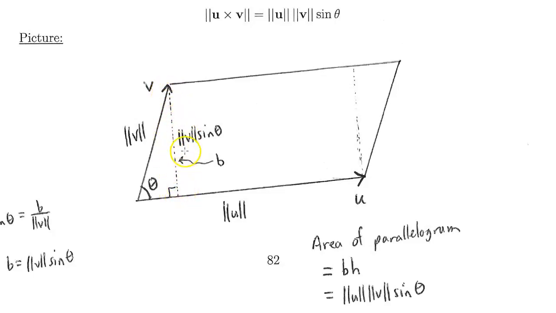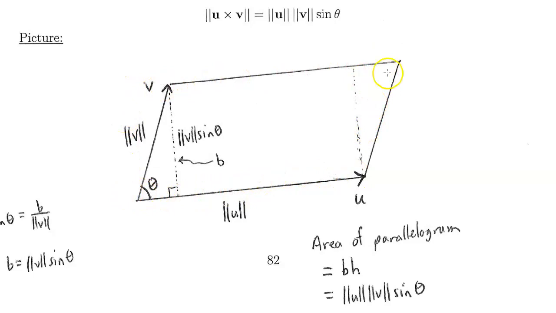I'm going to call this length b, because it turns out that the area of a parallelogram is the base times the height. And by height of the parallelogram, you don't mean this length along the side here, you mean this length. It's pretty clear that the area of a parallelogram is going to be this length times this length, because if you took this little triangle and moved it over here to fill in this blank spot, your parallelogram would now be a rectangle.